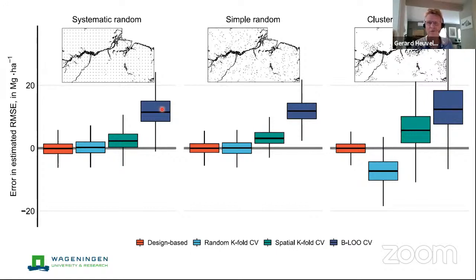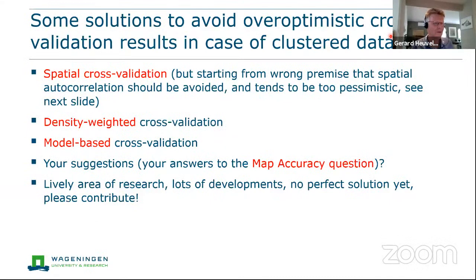So that was the thing we wanted to say, but I fully agree with you that standard, common, random cross-validation also will not be doing a good job in case of clustered data. So maybe we need to come up with an alternative cross-validation approach then. That's why I wrote this, right? Yeah. We're not there yet.